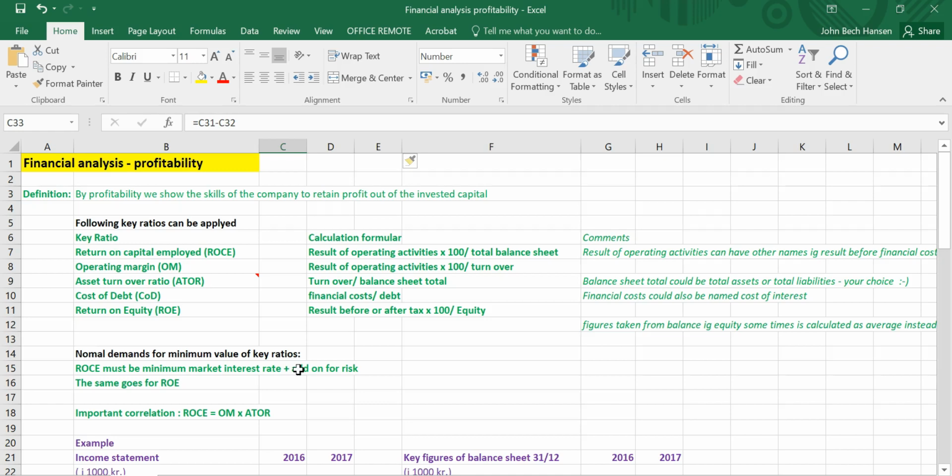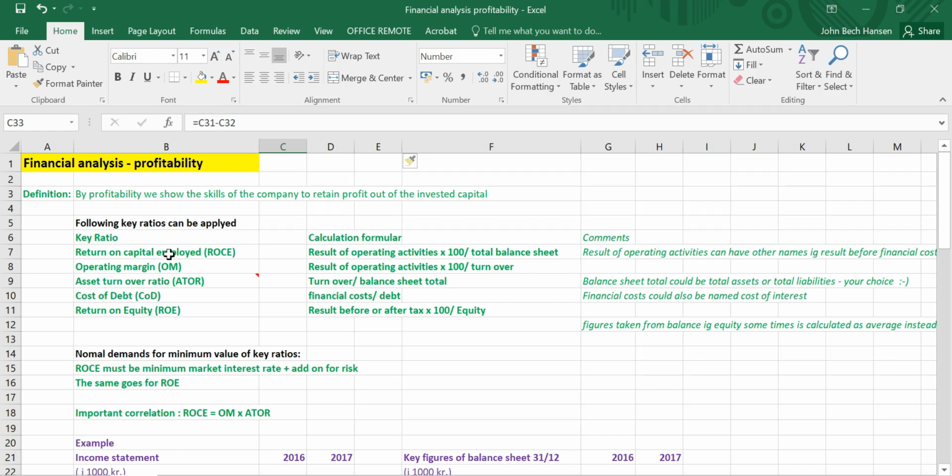However, we can also use another perspective. We could measure against other companies in the same line of business. So let's say that hotels are generating a return on capital employed of 4%, and this hotel here is only 1%.